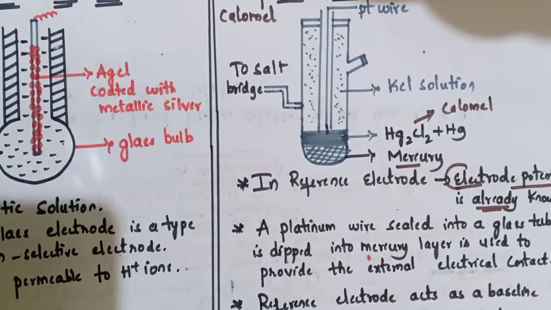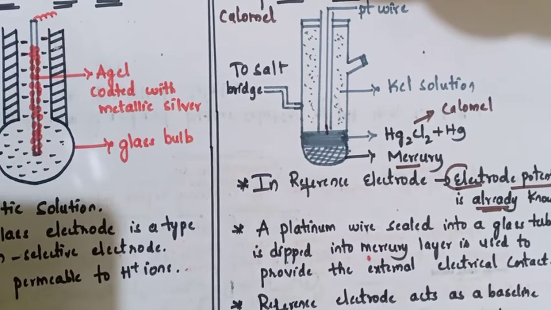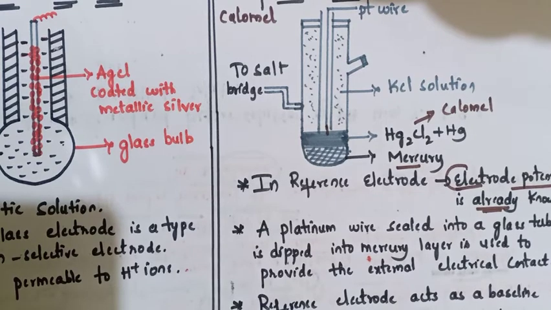Now, it is important to understand why this calomel reference electrode is used in the determination of soil pH in the pH meter. Here, the reference electrode is used to provide constant potential, which is used to complete the circuit.